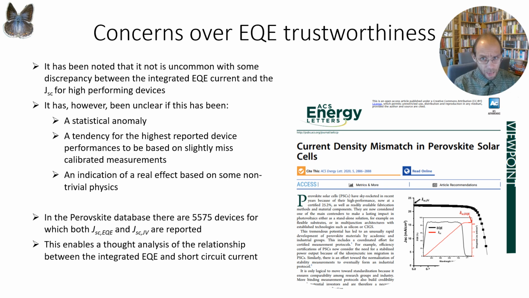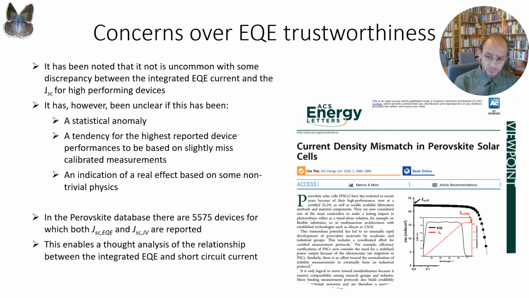However, it has been noted that it's not entirely uncommon with some discrepancy between those two values, at least for high-performing devices, as discussed in this paper a few years ago. But it was unclear if this perceived discrepancy just was a statistical anomaly or a tendency for the very best devices to be based on slightly miscalibrated measurements, or if it was an indication of a real effect based on some non-trivial physics.